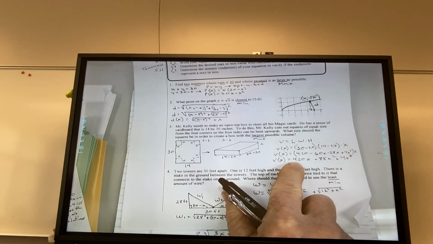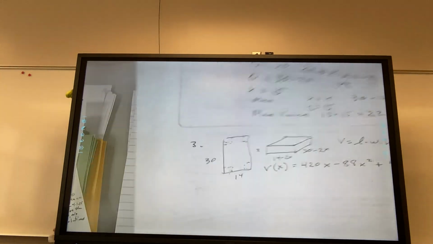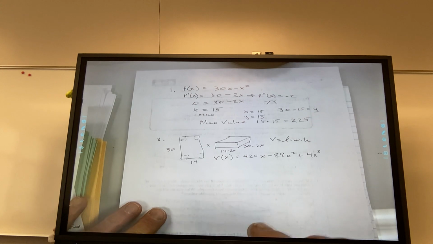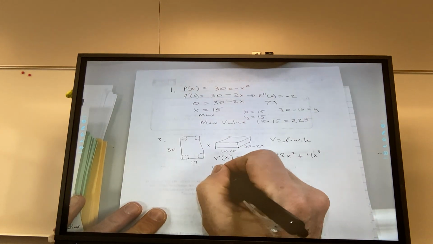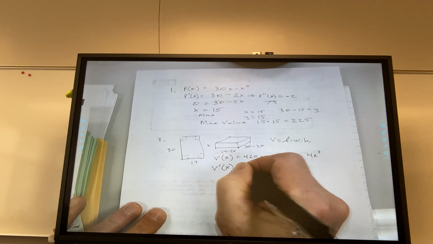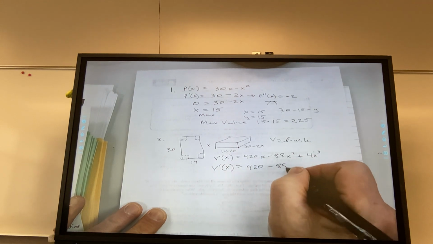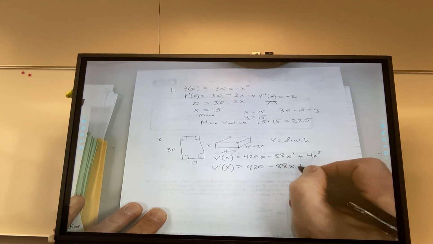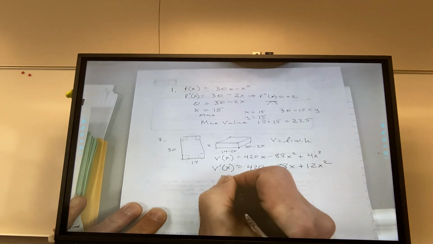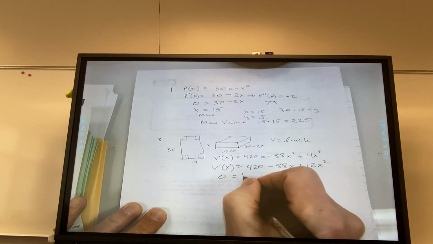We ended up with that as the answer. So I'm just recopying it. That's all I'm doing. Okay? We take the derivative of that. Notice I'm doing the same thing. Once I get that, I take the derivative of that, and I make it equal to 0. And I wrote it in this form.